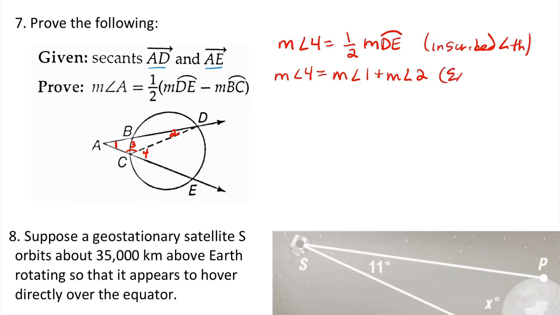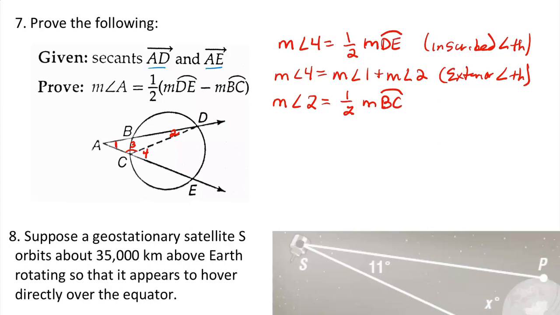This was the exterior angle theorem. Next, we know that the measure of angle 2, this angle right here, would be half of this arc BC, 1/2 the measure of arc BC.